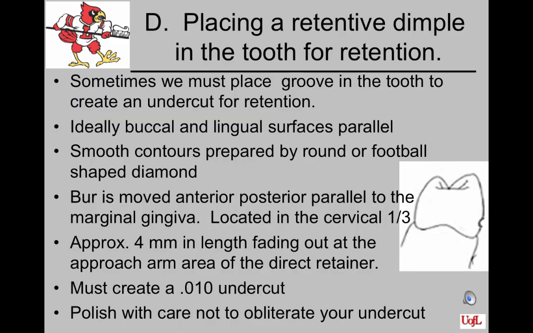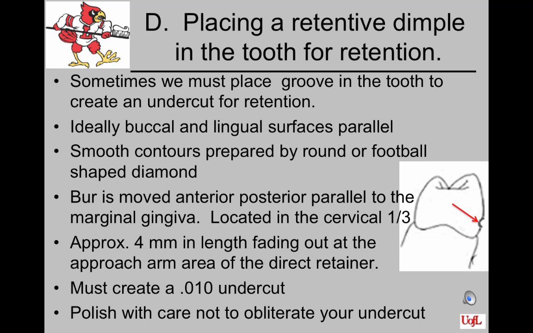Sometimes we have to place a groove in the tooth to create an undercut for retention. This is ideally done when the buccal and lingual surfaces of the teeth are relatively parallel to one another. It should exhibit smooth contours prepared by a round or a football-shaped diamond. The burr is moved anterior-posteriorly, parallel to the marginal gingiva, and it is located in the cervical 1/3.